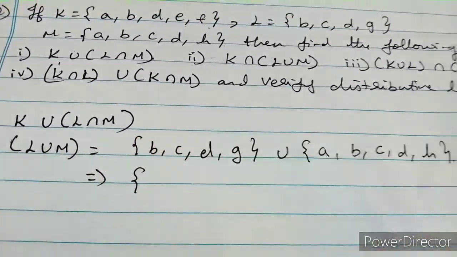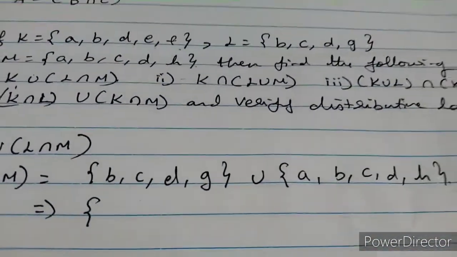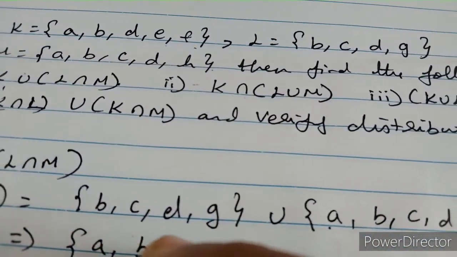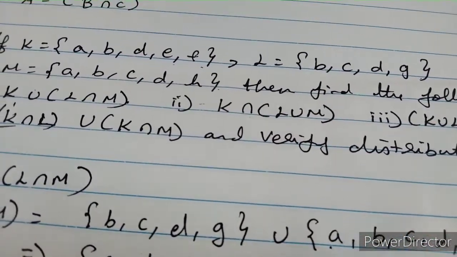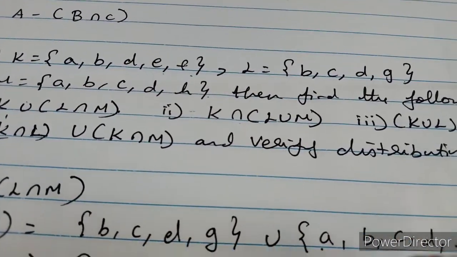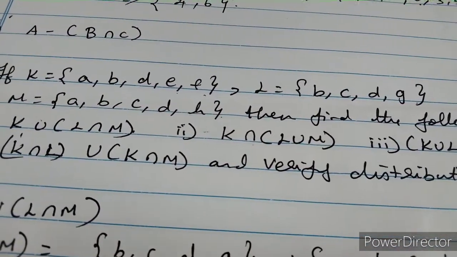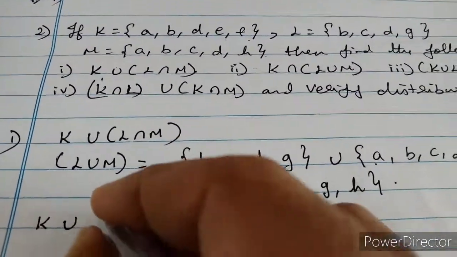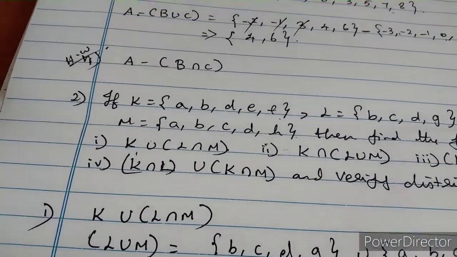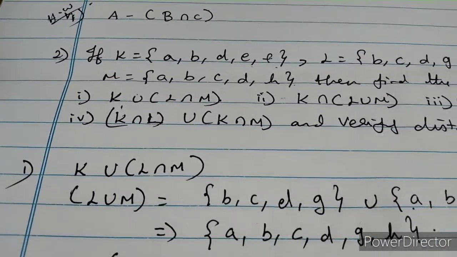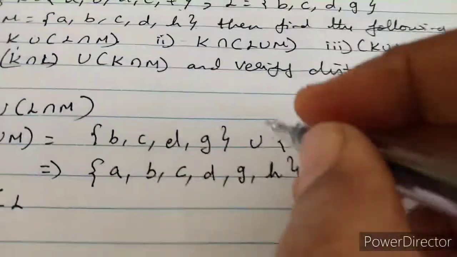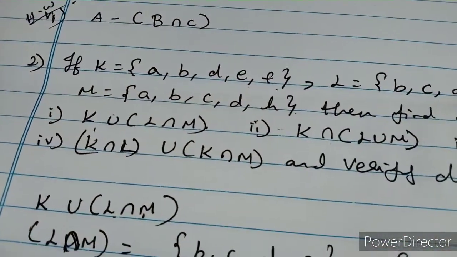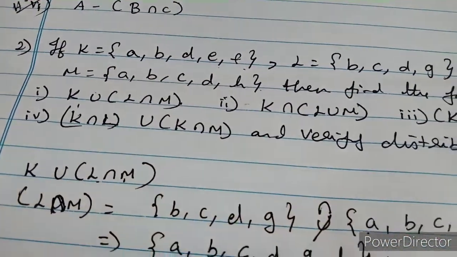What is meant by union? Union means you have to write the elements together. So write it down: A, B, C, D, G, H. Sorry students, here they have given L intersection M, so change it to intersection.